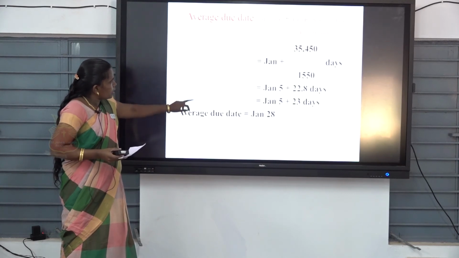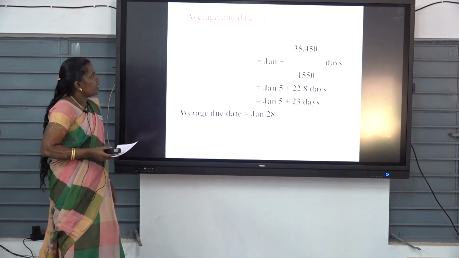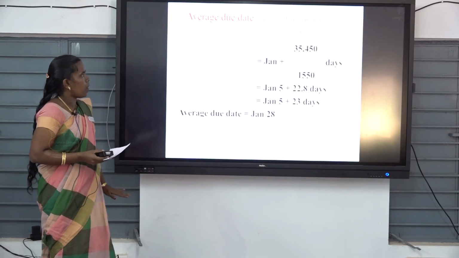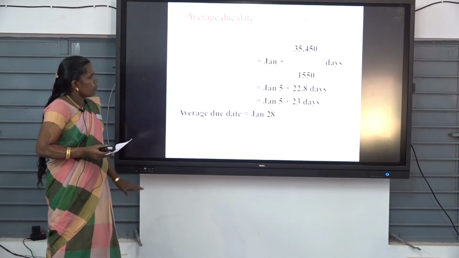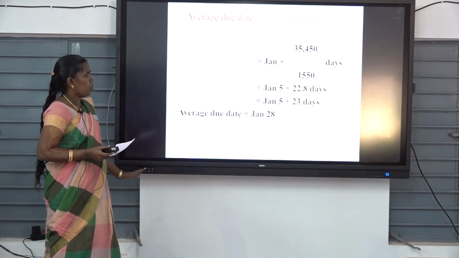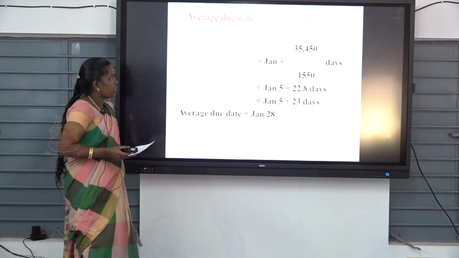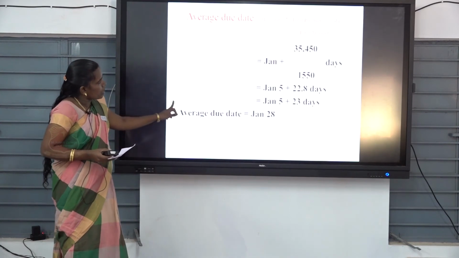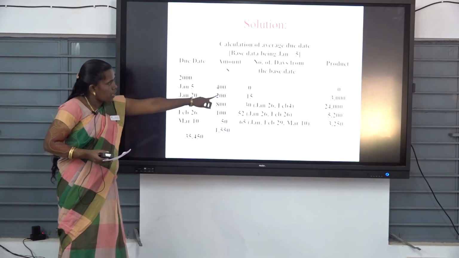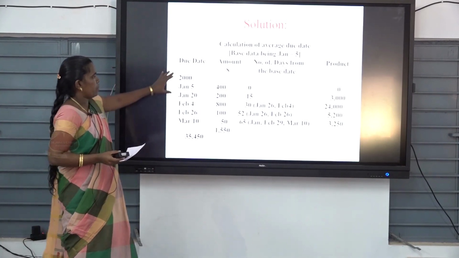Average due date formula: base date plus total product divided by total amount days. The base date is January 5.